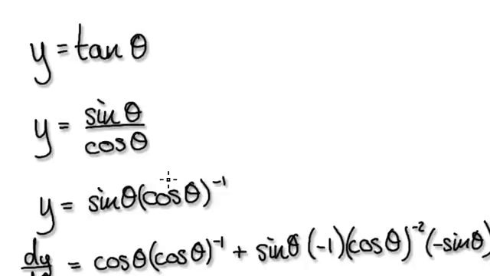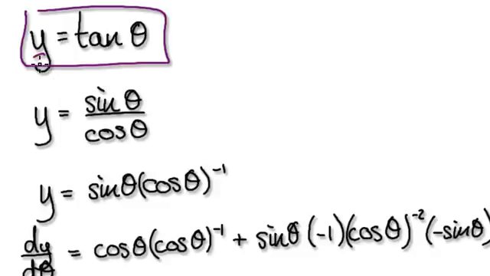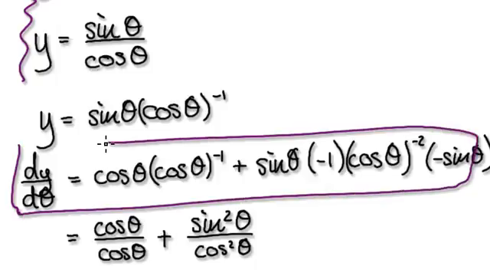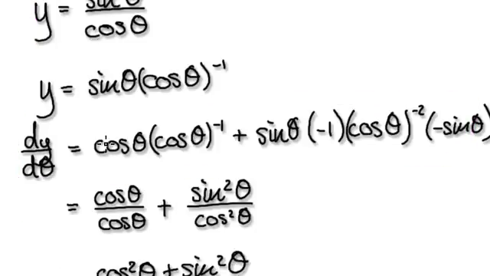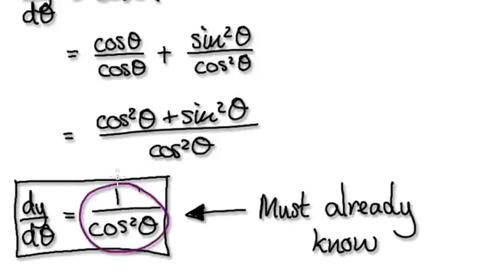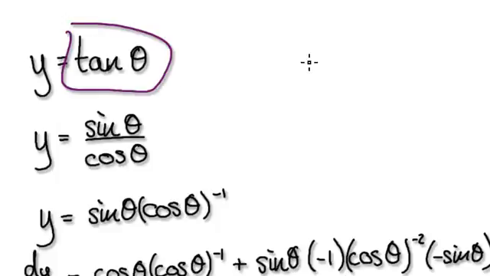So remember, you must already know this. If y equals tan of theta, then when you differentiate it, using the product rule here, it should be this, and when you differentiate it, it will give you this. So remember, at the moment we are just differentiating the normal tan, not the inverse tan.